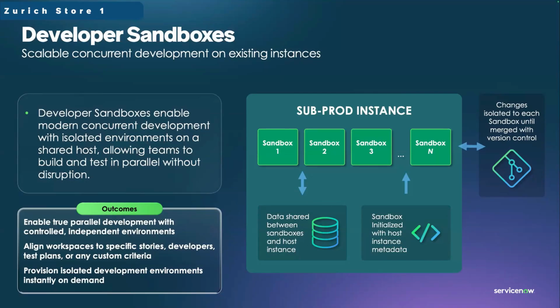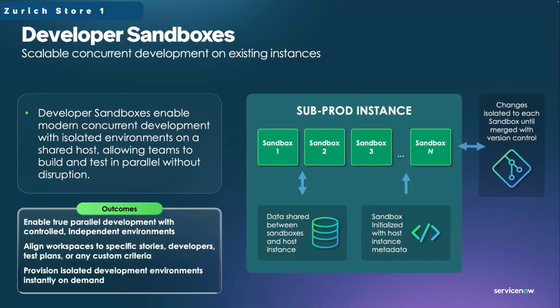that specific instance. Essentially, they're clones of that instance that allow you to provision them to particular developers so that they can work in isolation and make changes, really push the envelope on what they're doing, solve for those particular tasks. And when they're done with that task, potentially those can be spun down. They really allow you to do parallel development in a controlled, independent environment using the sandbox host metadata.